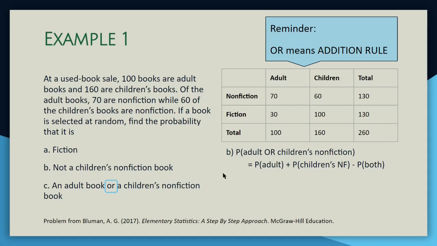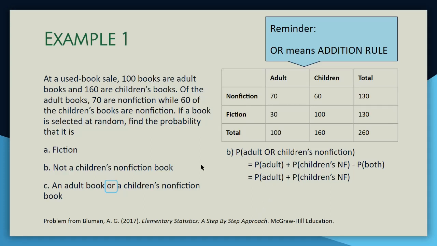Well, if we look at this table, here's my adult column, here is my children's nonfiction. There's nothing in common between the adult column and the children's column. So that overlap should be 0.